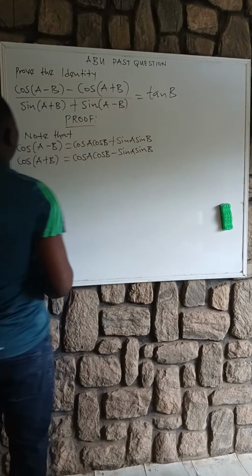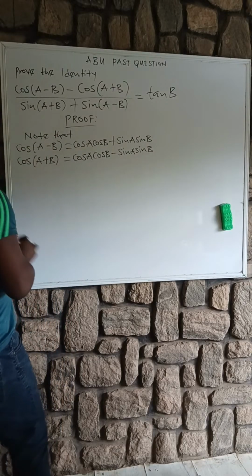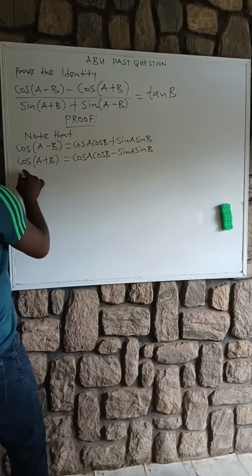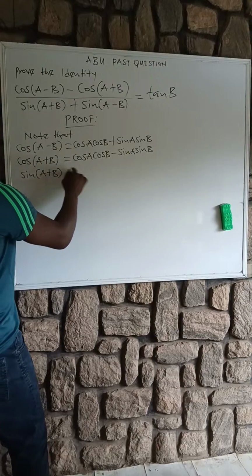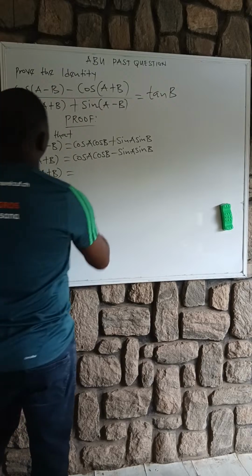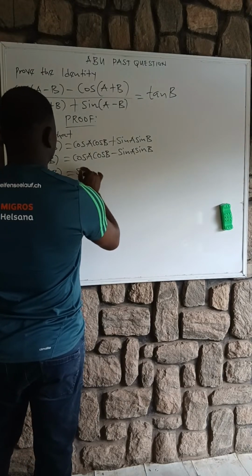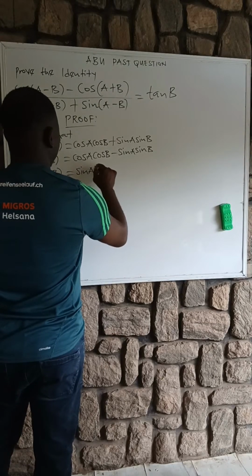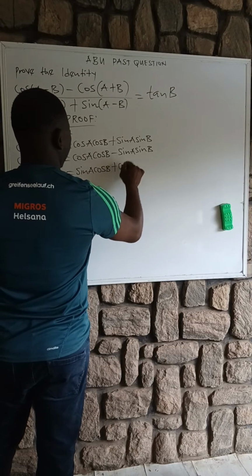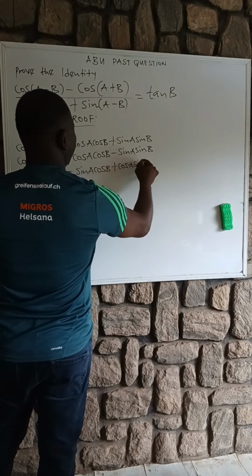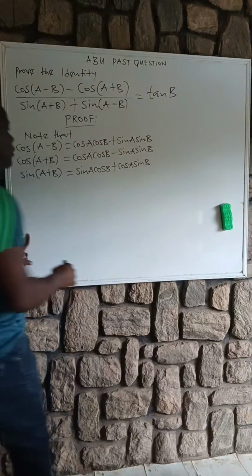Amen? Okay, then sine(A plus B) is equal to sine A cos B plus cos A sine B. Take note, very important.